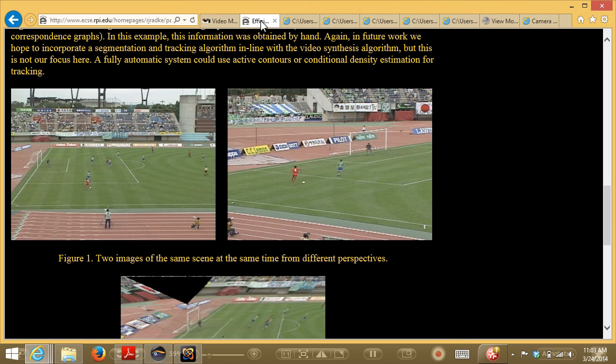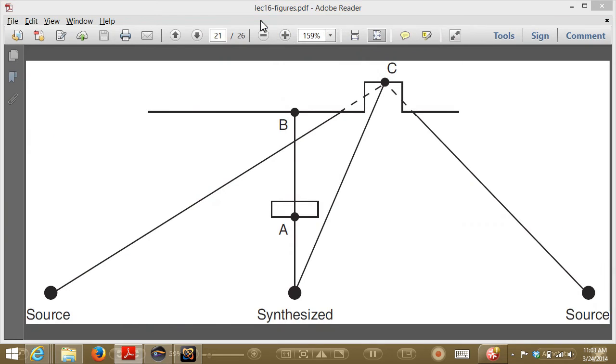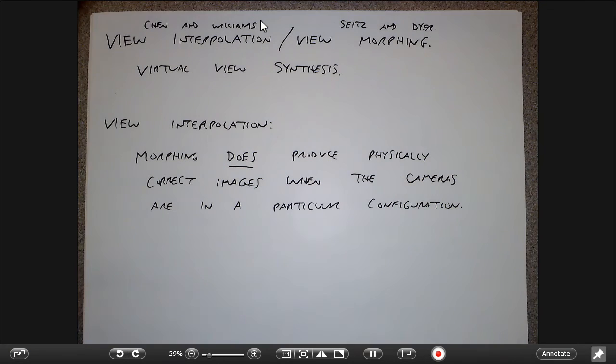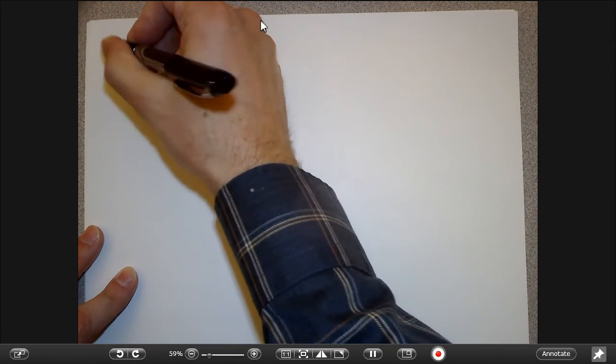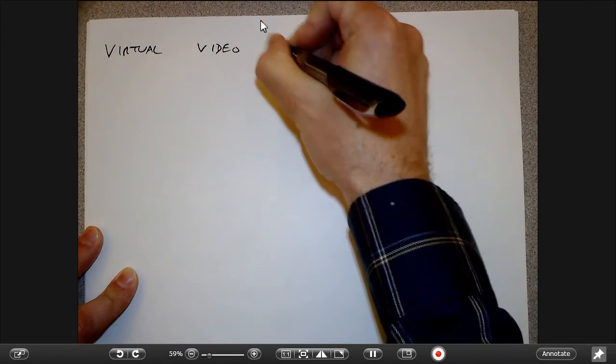And so you could make this even more complicated by saying, okay, well, actually, do I have a picture of this? No. So you could say, okay, I could do virtual video synthesis, right?